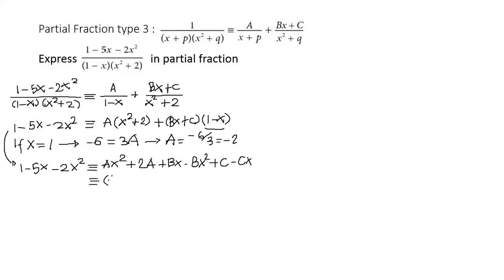Factorizing, we get (a minus b)x squared, plus (b minus c)x, plus (2a plus c).